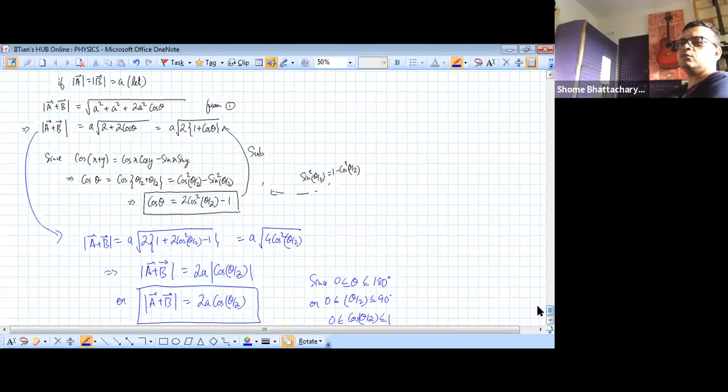Now, if F1 is not equal to F2, then there can be any case, such as at a particular angle or anything. Then you have to use the triangle law statement or the component algebra. There is no special case. This theorem is for the special case where the magnitude of one vector is equal to the magnitude of the other.